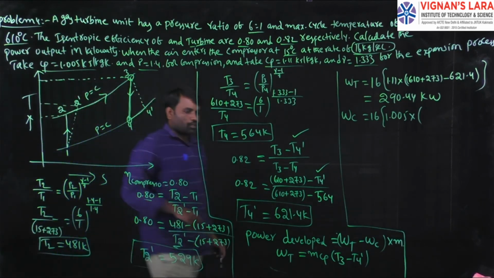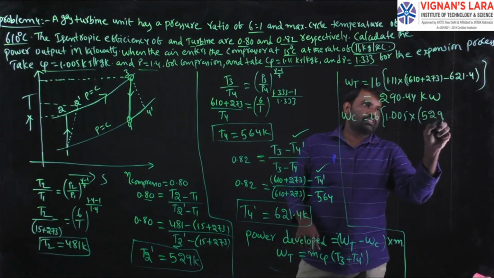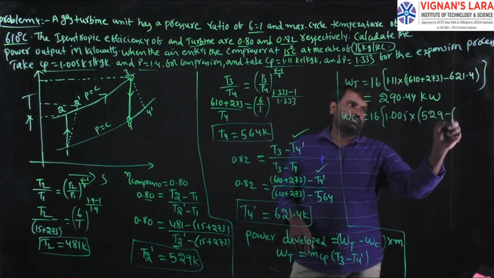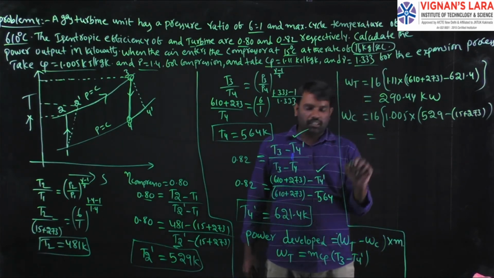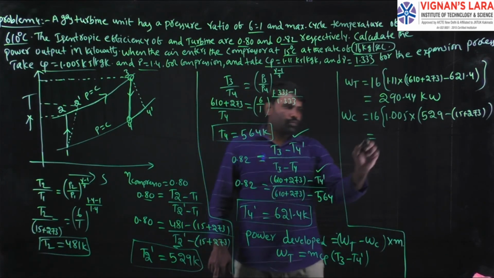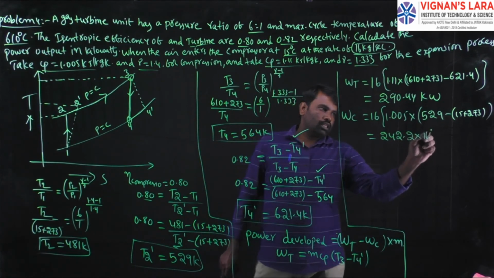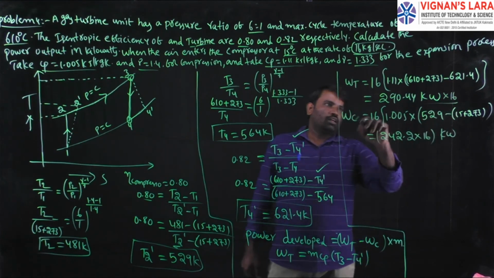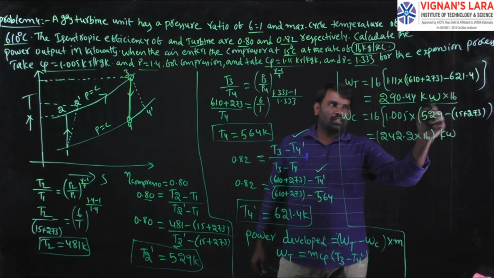The T2 dash temperature we already determined, 529, minus T1, where T1 is 15 plus 273. So the compressor work input is 242.2 into 16 kilowatts. Here also you have to multiply with 16, because this answer is not yet multiplied by 16.